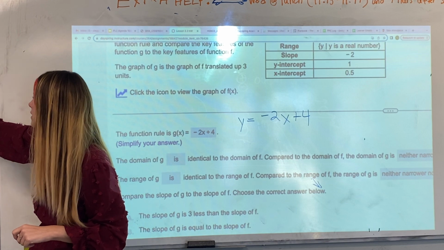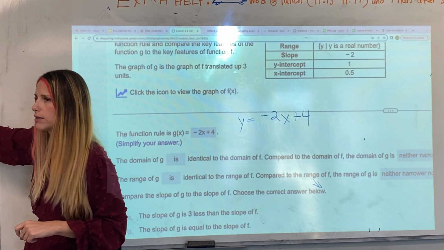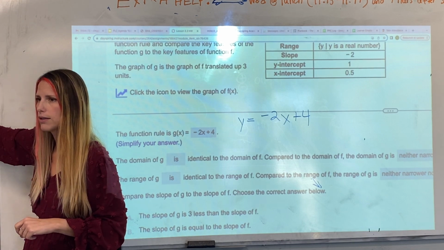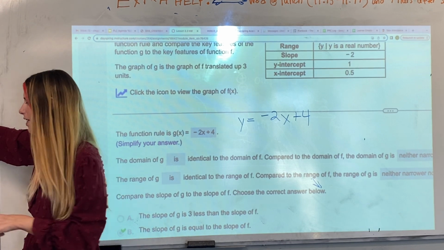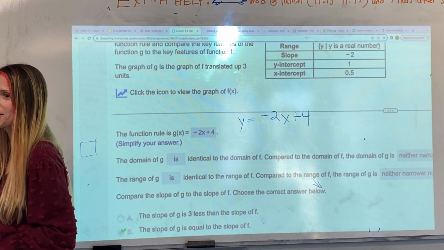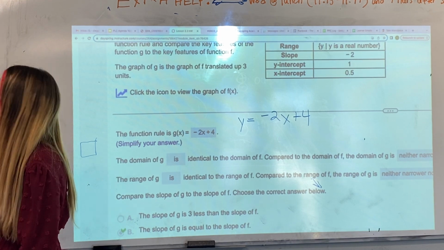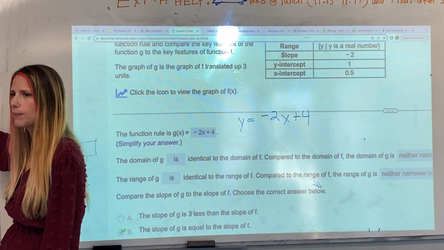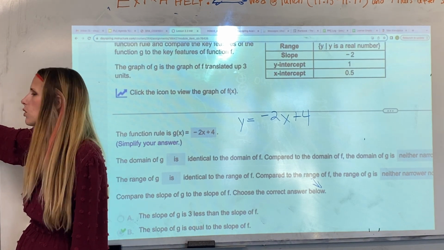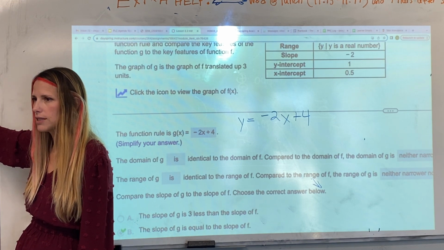What's the x value of this point? 1. What's the y value? 0.